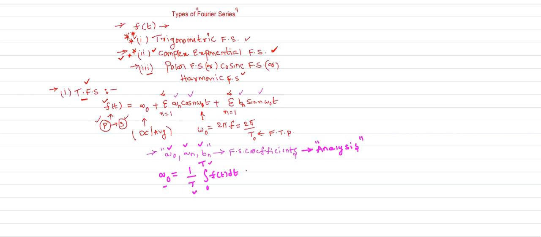Area under the curve is calculated by the integration of f of t over the time period T, and divide the area by the time period T. You will get the A0 value. Here 0 to T is the time period. Over one time period, you need to calculate this A0 value. So in this integration, we always consider the time period only.